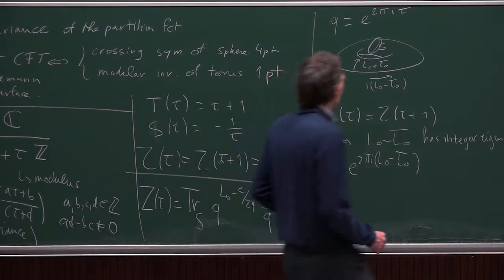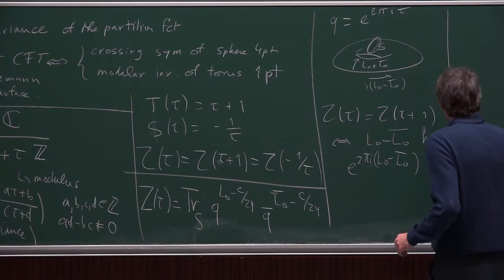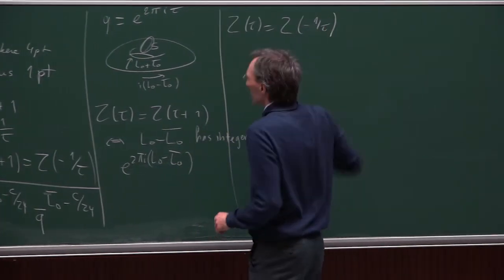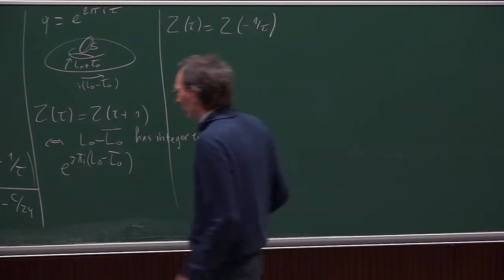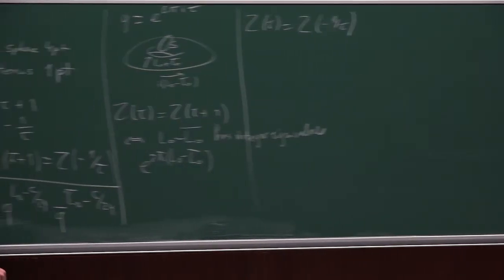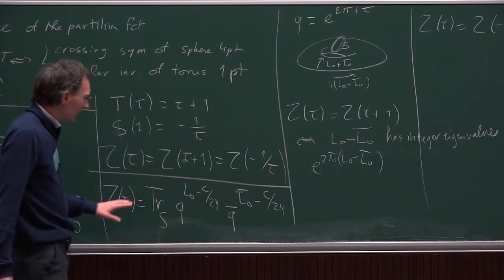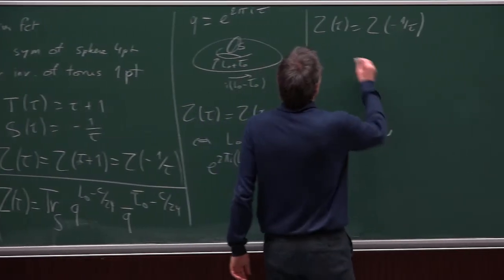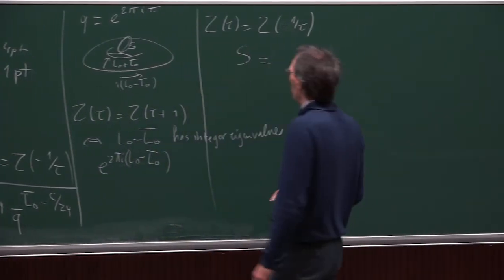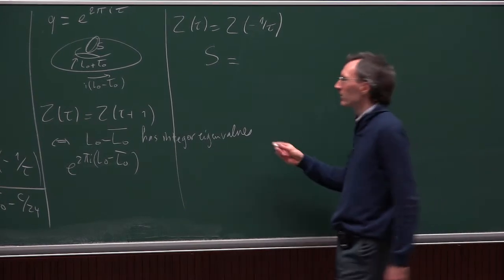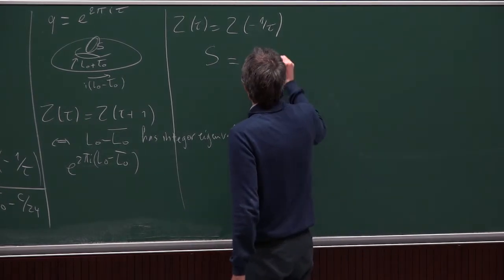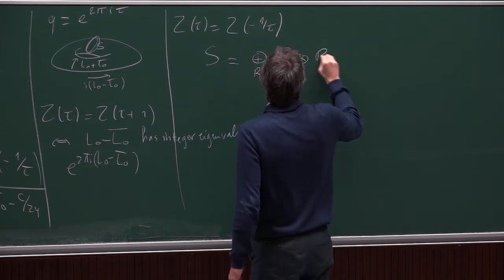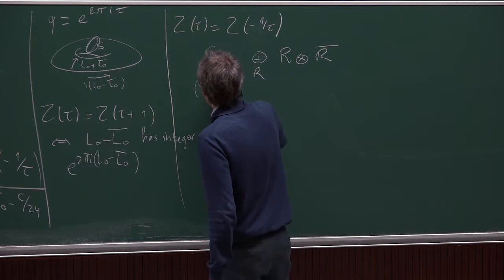So let's consider the more complicated constraint that Z of tau equals Z of minus 1 over tau. Well, to consider this constraint, we have to look a bit at this partition function and decompose it into characters of representations. So let's assume the spectrum. Well, let me take for simplicity a diagonal spectrum, although I could take also non-diagonal, but it would just be a bit more complicated. So the spectrum is a sum of R times R bar, so a diagonal spectrum.